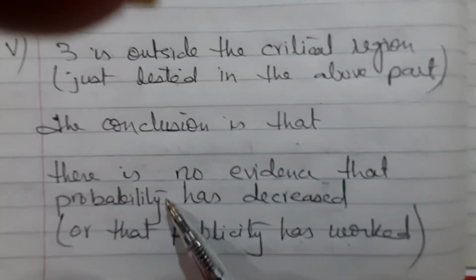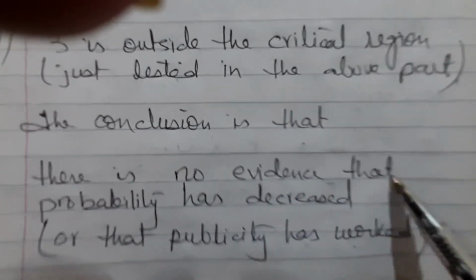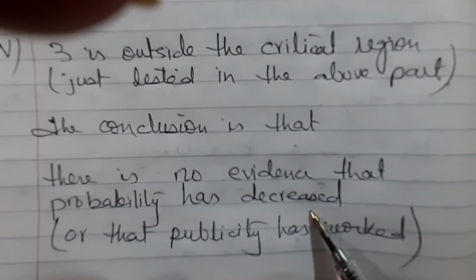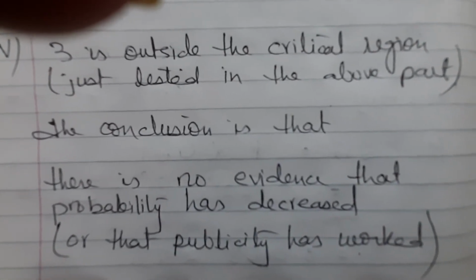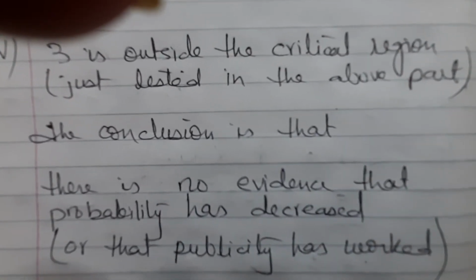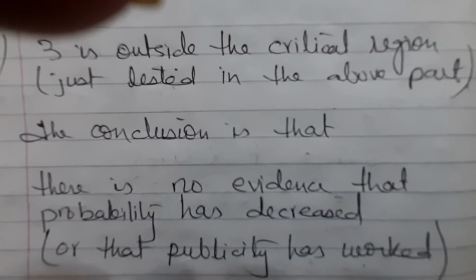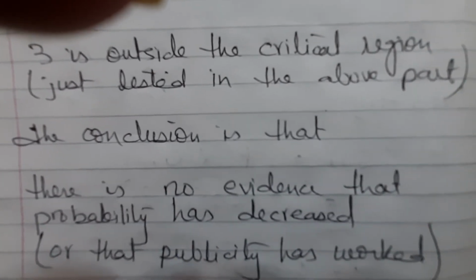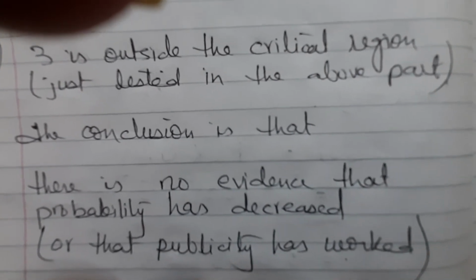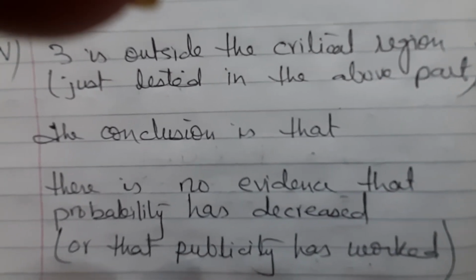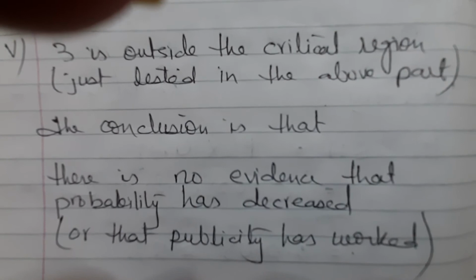So your conclusion is that if 3 patients do not arrive, there is no conclusion that the probability has decreased, right? Or that the publicity has worked. So that person will conclude that no, 3 is out of the critical region. It means there is no decrease in the probability of patients not arriving, right? I hope it makes sense.